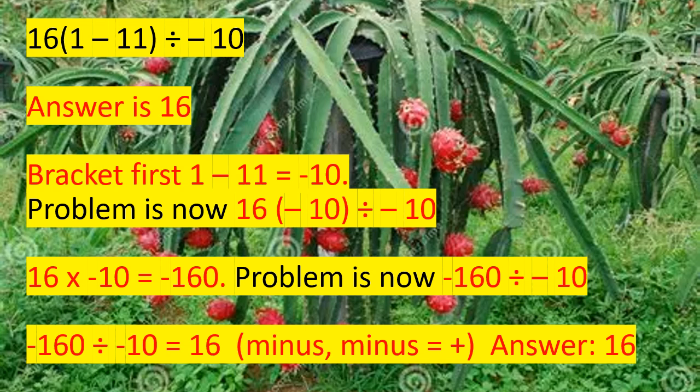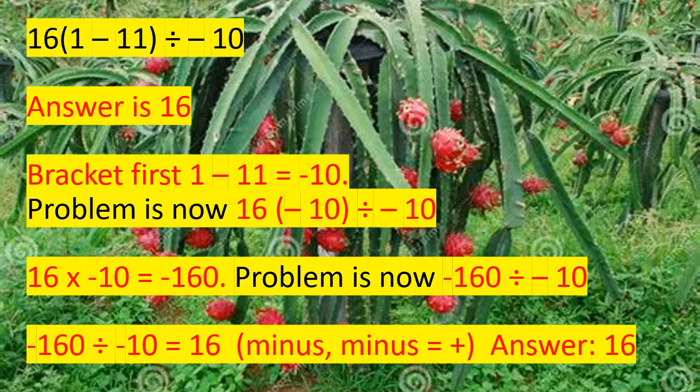First, the brackets. 1 minus 11 equals minus 10. So now the problem is 16 bracket minus 10, close bracket, divided by minus 10. So we go 16 times minus 10 first, equals minus 160.